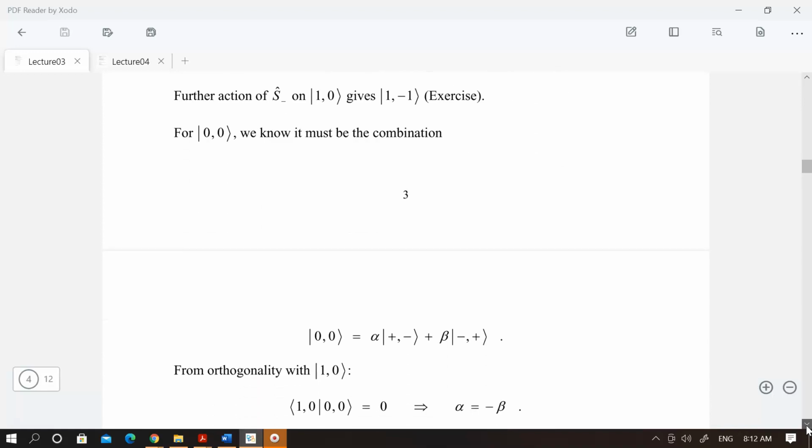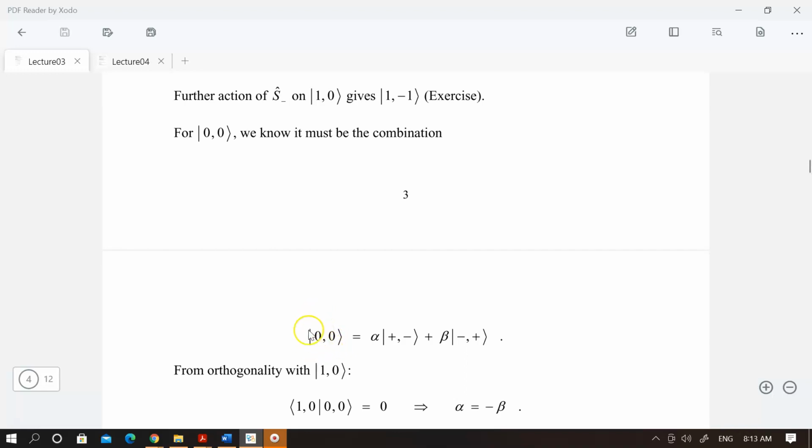The other thing that we had at the end of last lecture is how to build your 0 0 state. So the 0 0 state has spin equals 0, and the z component is 0.